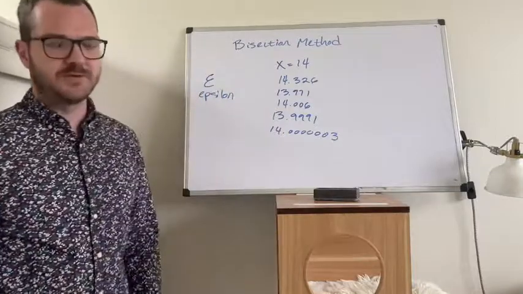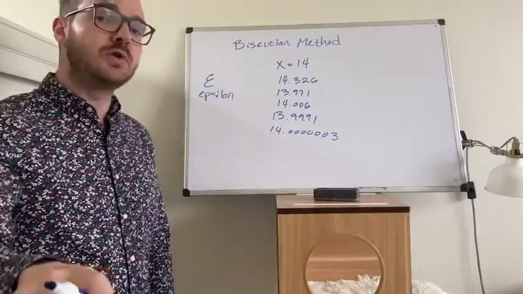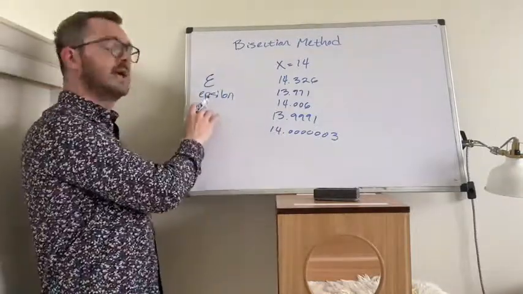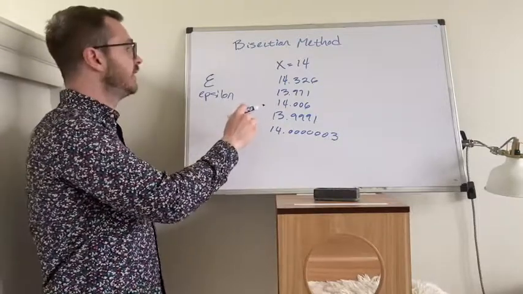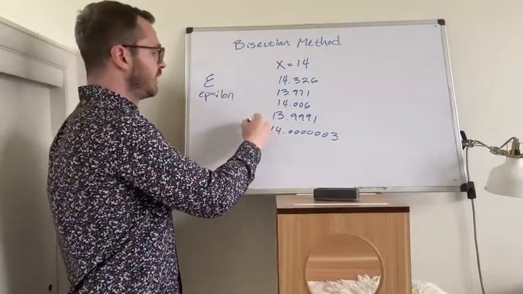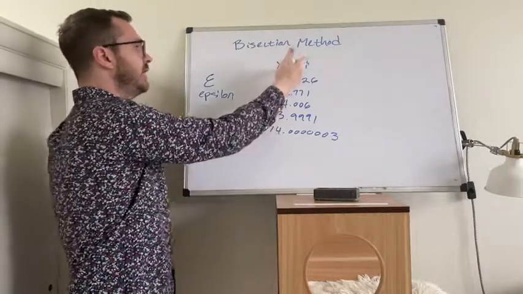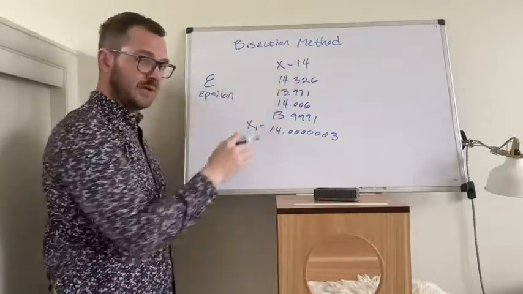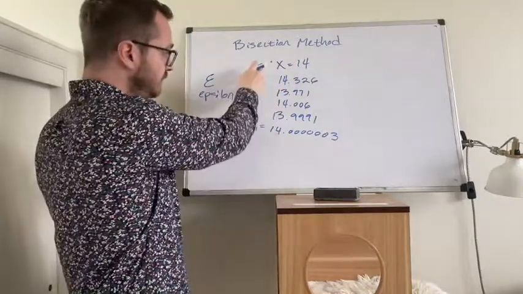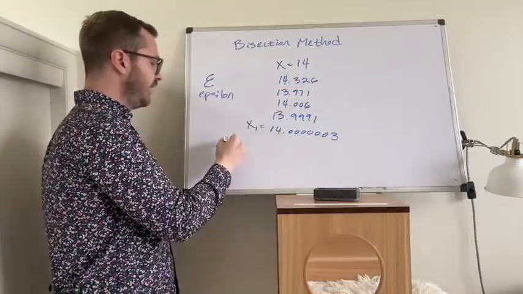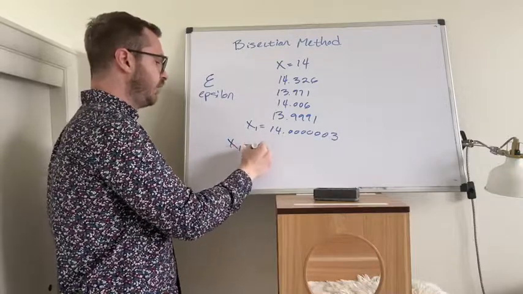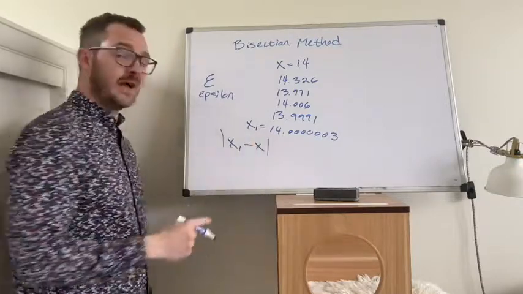Epsilon usually just means some small number. You, the user, specify epsilon, okay? So let's say that here is some value that we're coming up with. We're calling it x1. And let's say that the actual answer, x, is here. So what we would say is take x1 minus x, and let's take the absolute value of this.